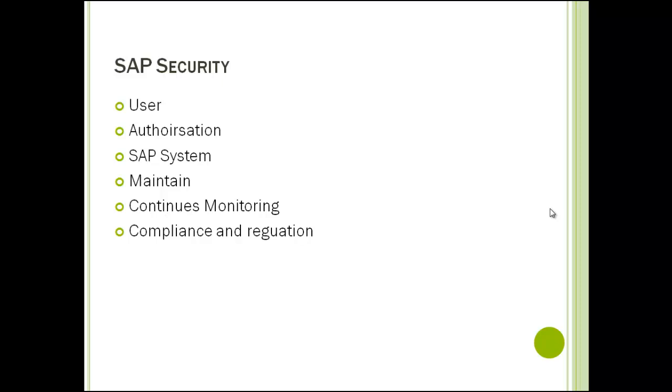For example, SOX is a very famous audit compliance requirement in the US. This is available in different parts of the world, like in Japan it's called JSOX, and this has also been used in other parts of the world. Using these compliance and regulation policies, we can secure our SAP system.